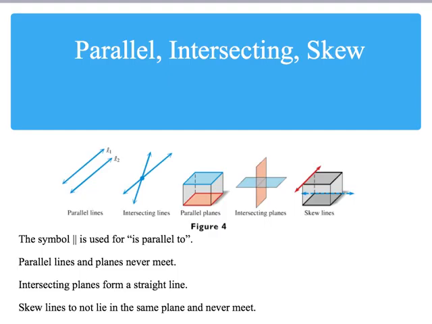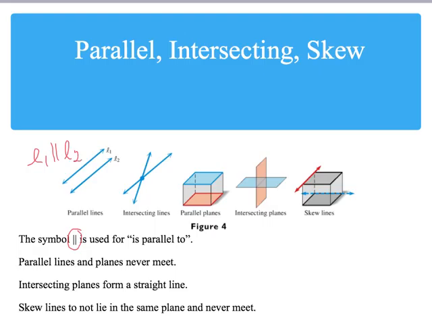The last bit of information that you really need to have in your background for our class is the difference between parallel, intersecting, and skew lines. First of all, this symbol, which is just two vertical lines right next to each other, is the symbol that we use in mathematics to mean is parallel to. So up above in this diagram, line L1 is parallel to line L2, and that's how we would write that.